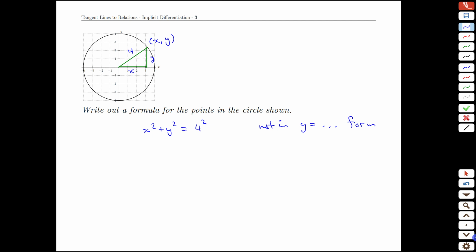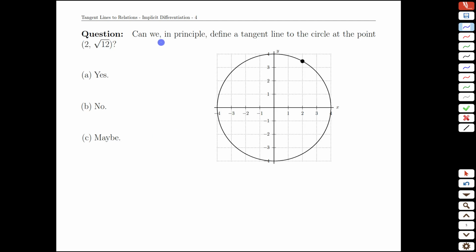All right, so now we have our circle, and let's say we pick a point on there. Here we're picking the point 2, root 12, somewhat arbitrarily. Our question is, can we, in principle, without knowing how yet, define a tangent line to the circle at this point here? Think about it for a moment, then we'll come back.